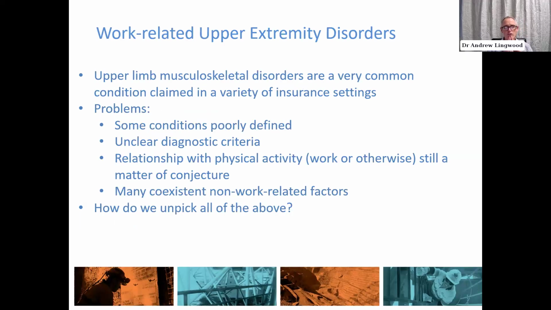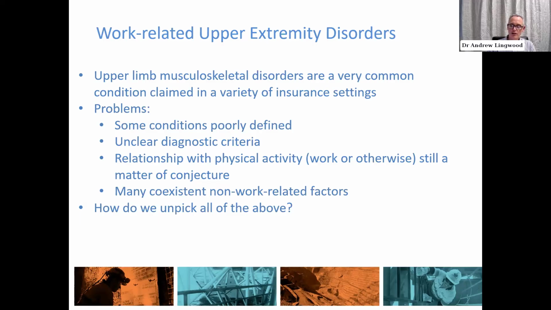The first thing I want to talk about is upper extremity disorders in general. Upper limb musculoskeletal disorders are very, very, very common. They're very common in the general community, and in insurance settings as well. We use our arms for many, if not all, jobs and day-to-day things around the house, hobbies, and recreation as well.